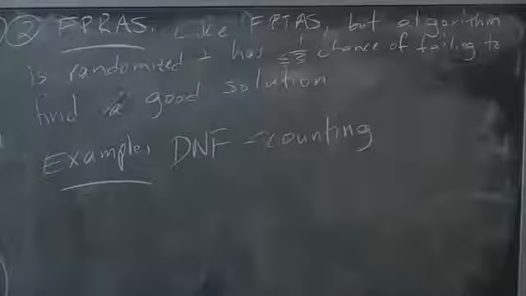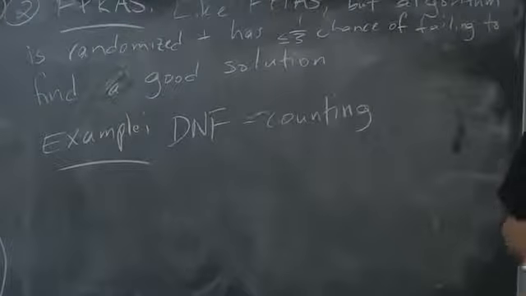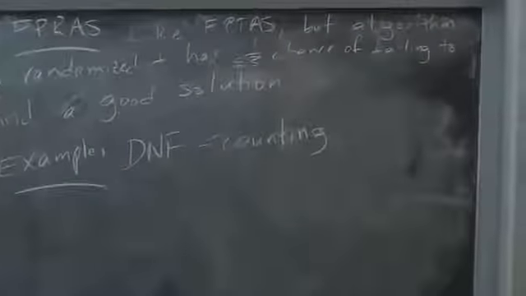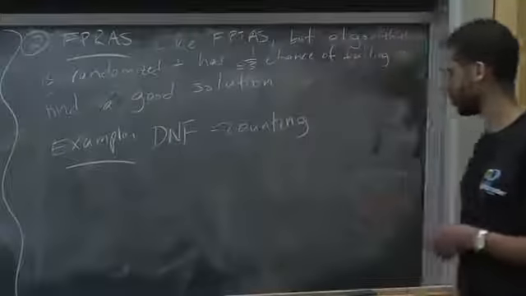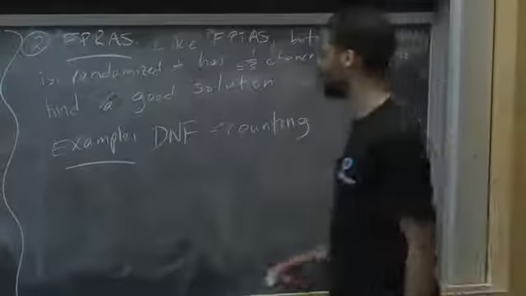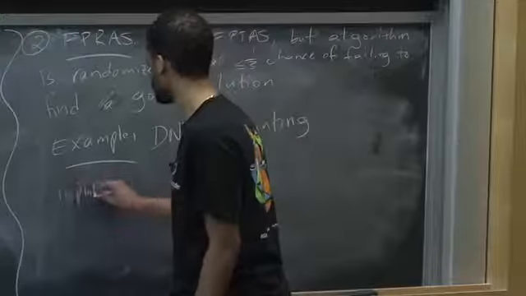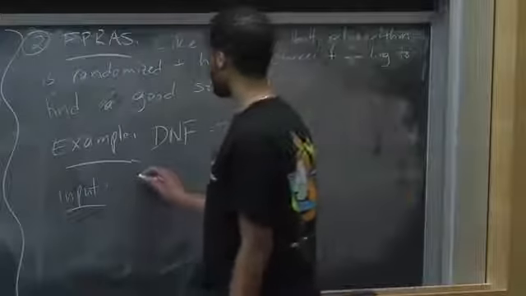Okay, so maybe people remember what CNFs are from 3SAT or SAT, right? So CNFs are formulas written in what's called conjunctive normal form. D stands for disjunctive normal form. What does it mean? It means that you have some clauses. So what does an input look like? It looks like a clause C1 or C2 or ... or Cm.